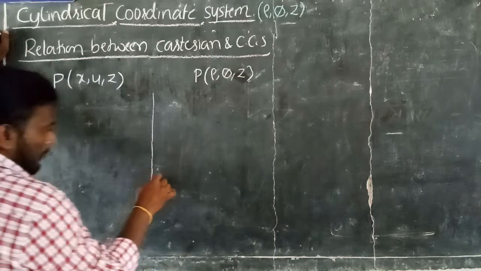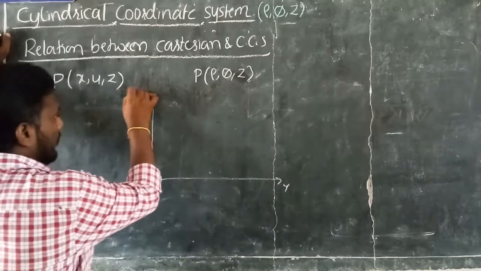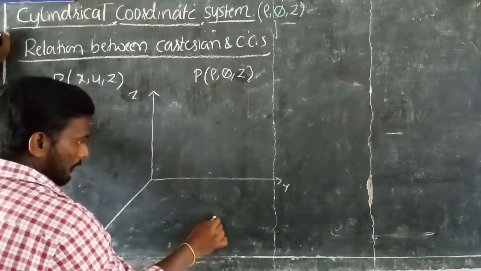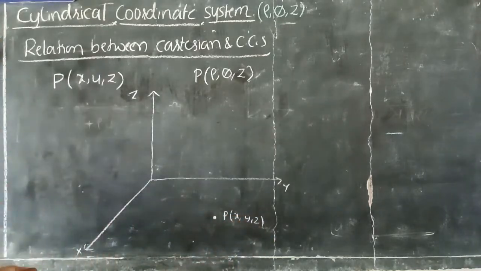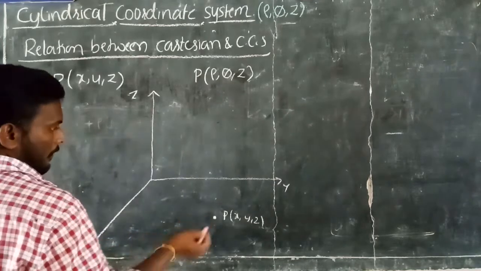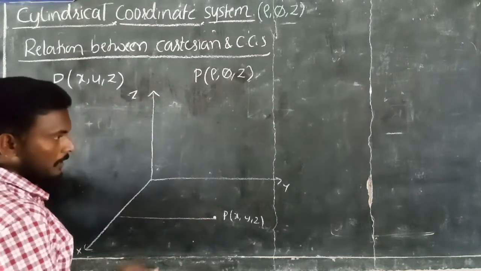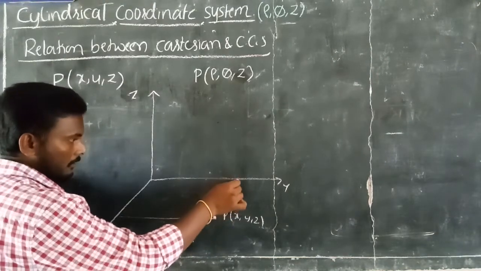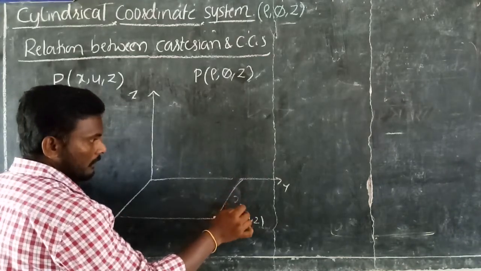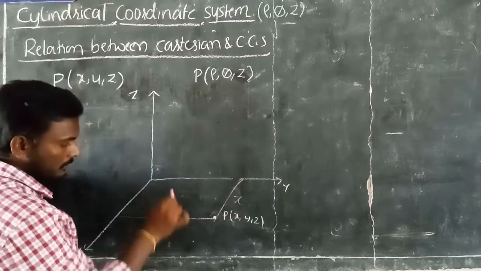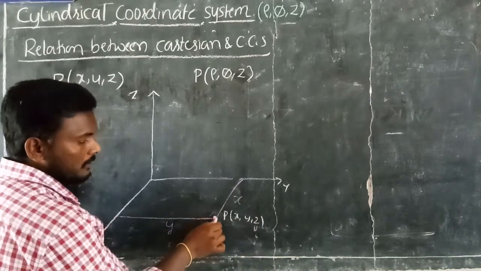I am just drawing the x, y, z axes here. Let us consider a point P which is having x, y, z coordinates in the Cartesian coordinate system. Now draw a line parallel to the y axis, and similarly draw a parallel line to the x axis, so that it indicates x units distance from the y axis and y units distance from the x axis, and z units are 0 here, so that this point is in this location.